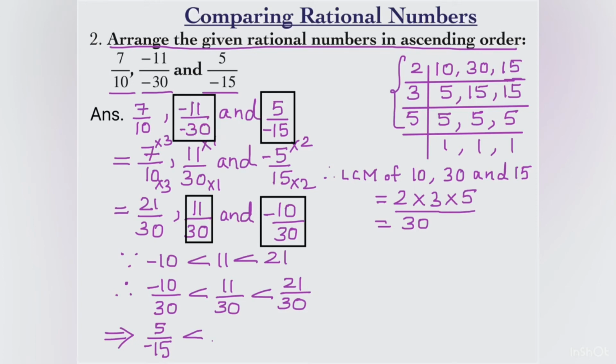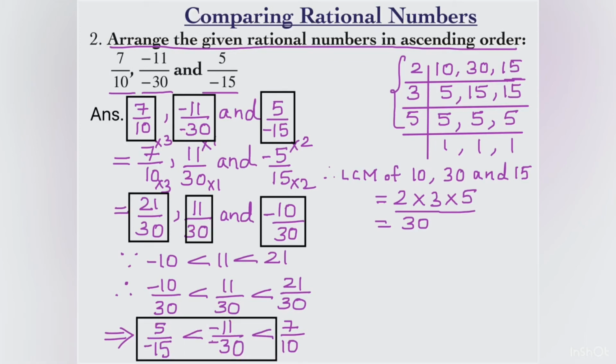So we can write here minus 11 by minus 30. This is less than, and 21 by 30 is equivalent to 7 by 10. So we can write here 7 by 10. In this way, the given three rational numbers are arranged in ascending order.